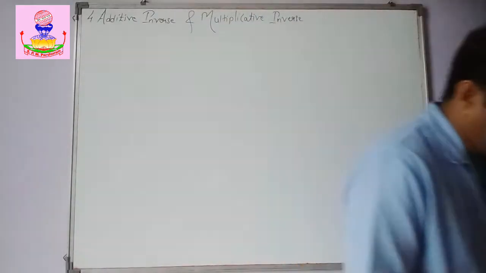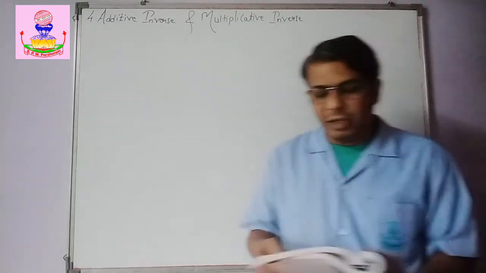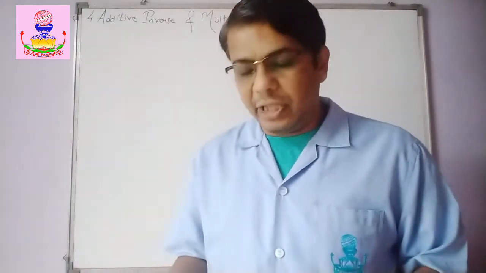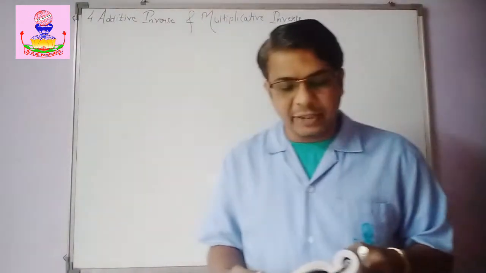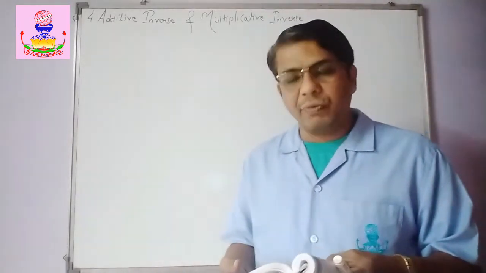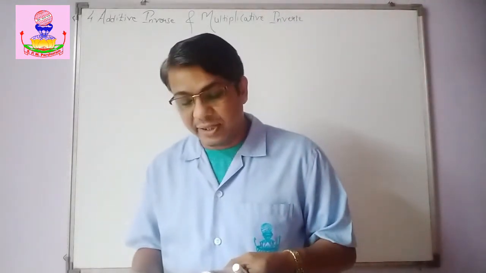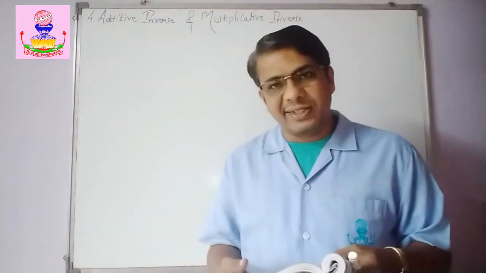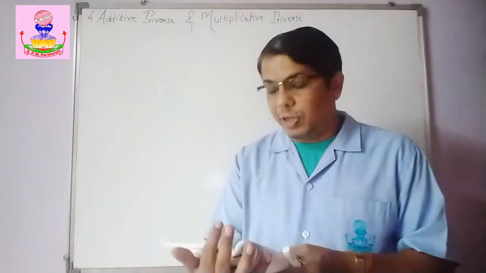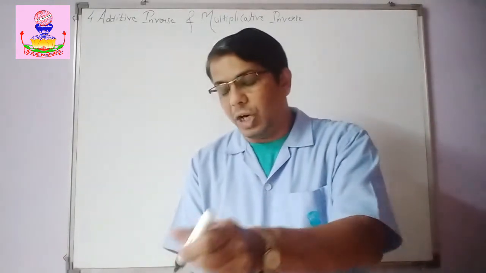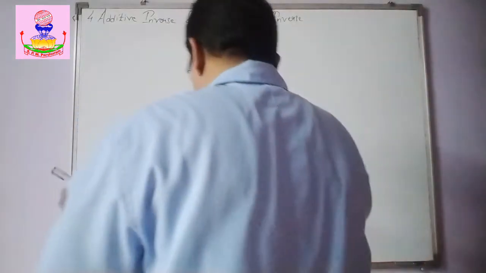So 6th example. What is the multiplicative inverse of the product when 13 upon 15 is multiplied by the multiplicative inverse of 19 upon 21? See what it says. You have to find the multiplicative inverse of the product when 13 upon 15 is multiplied by multiplicative inverse of whom? 19 upon 21.